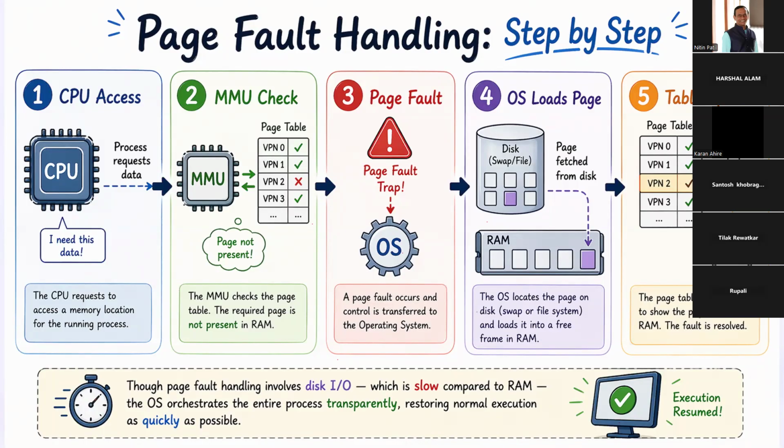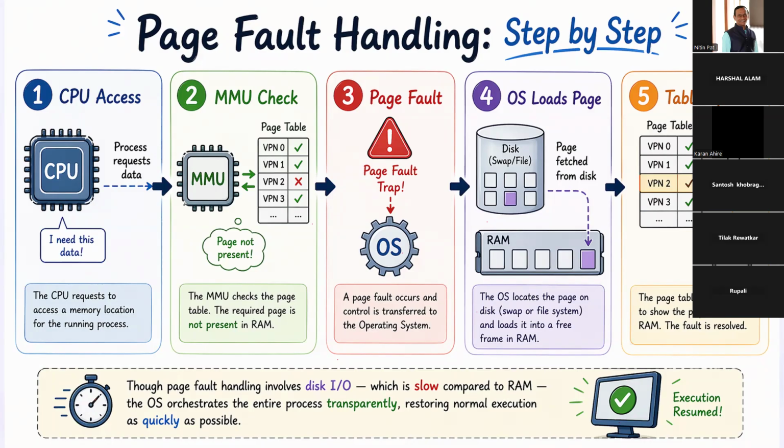Step 3, if the page is missing, then a page fault. If the required page is not found in RAM, a page fault is triggered. Execution is paused and control shifts to the operating system. Step 4, your operating system loads the page. It locates the page on the disk, finds a free frame or replaces an existing page, and loads the required page into RAM.